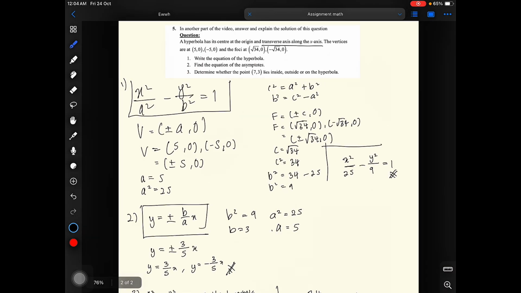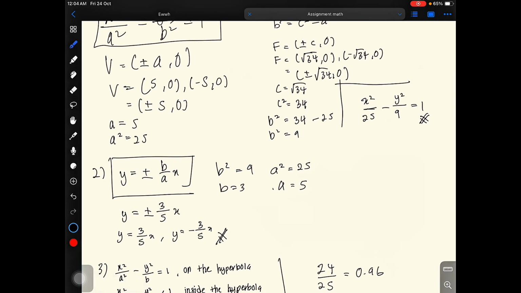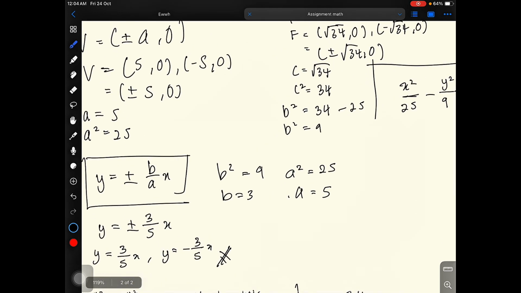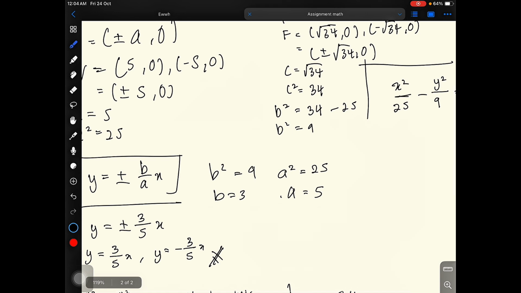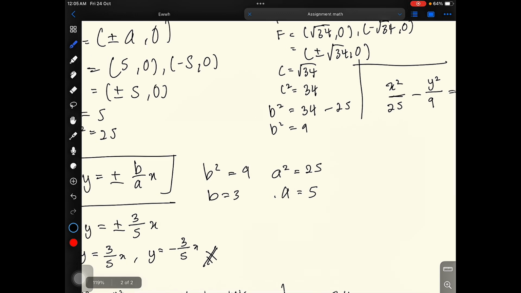Next question, find the equation of the asymptotes. So we know that the equation of the asymptotes for the horizontal transverse axis is y equals plus or minus b over a times x. Earlier, we got that b squared is equal to 9, which means that b is equal to 3. a squared is equal to 25, so a is equal to 5.